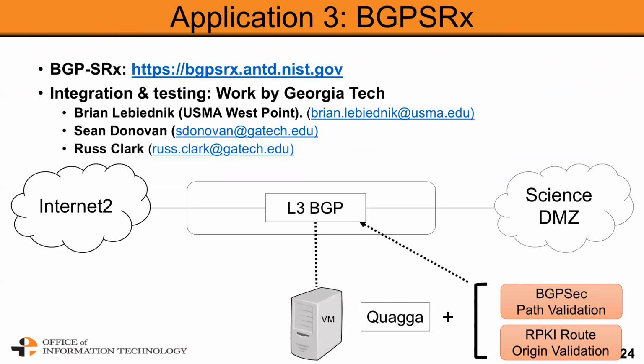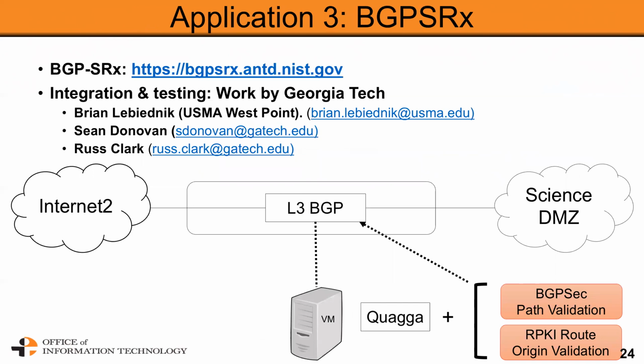Application 3 is BGP SRx. It was interesting. The National Institute of Standards and Technology, or NIST, had a project where they added a piece of software to Quagga so that it can do BGPsec path validation and RPKI route origin validation.